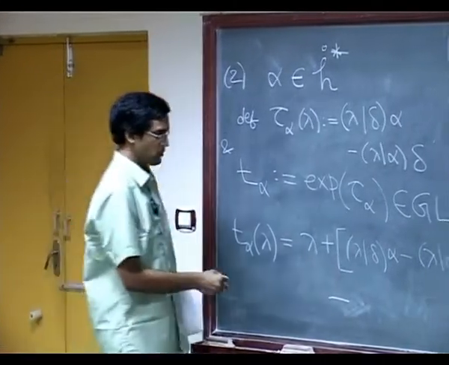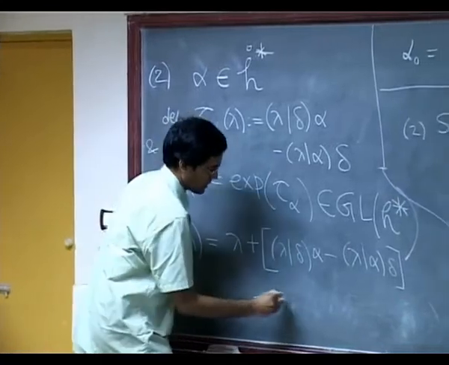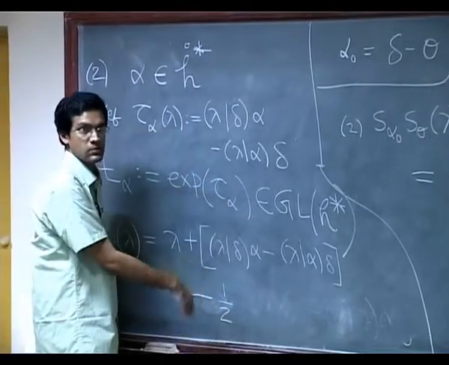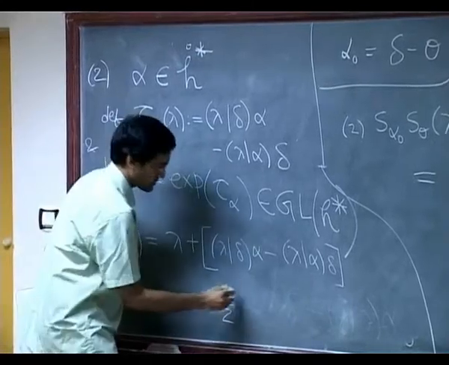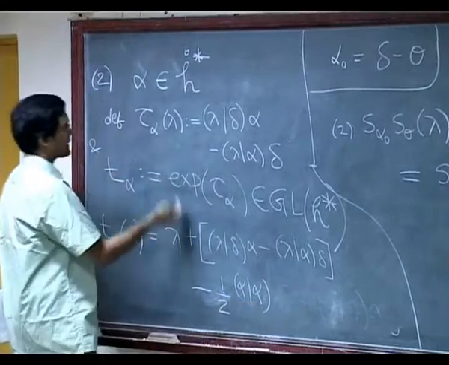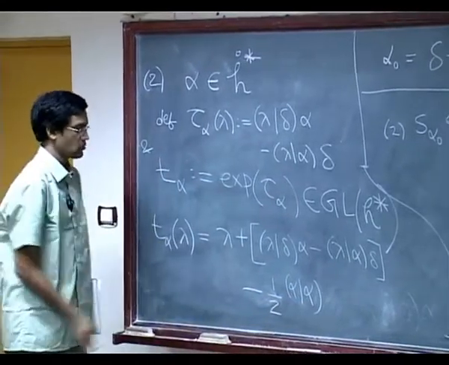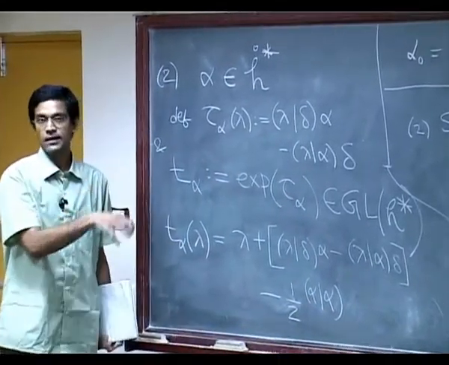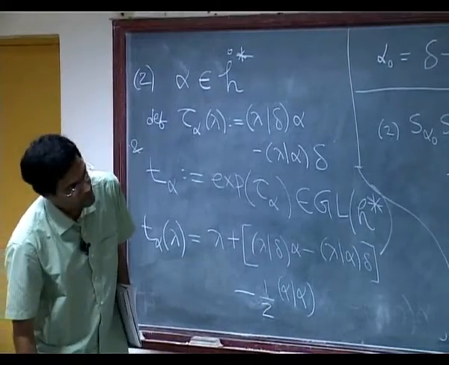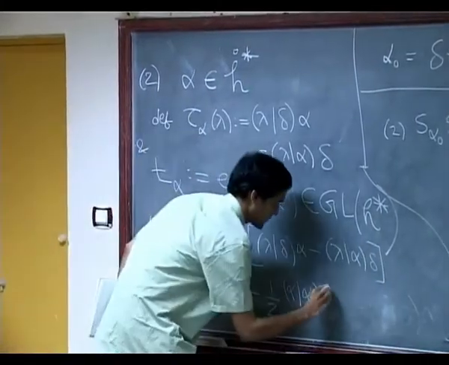So this is going to give me minus half alpha alpha. The half is from the 1 by 2 factorial, and for theta this number was 2, but if I pick any arbitrary element of H0 star, that won't be the case. Instead I will incur that norm term there, alpha alpha, and times lambda delta delta.